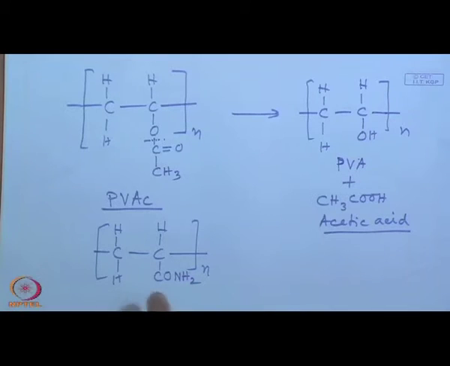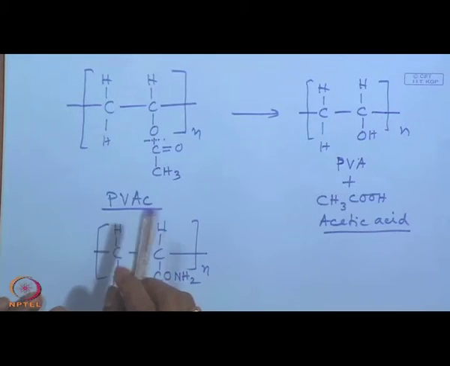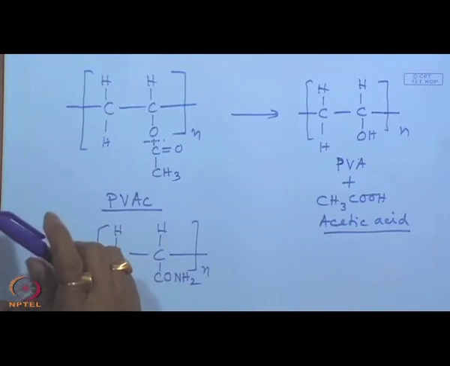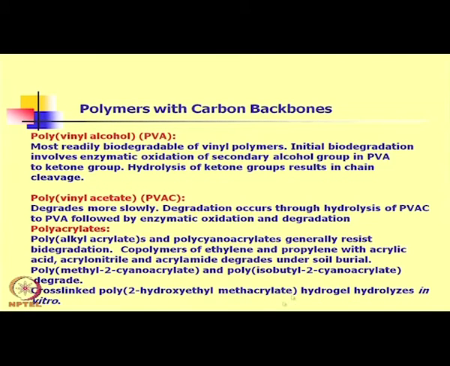This acrylamide monomer, this portion, can be copolymerized with ethylene or other vinyl monomers, or we can have polyalkyl cyanoacrylates, say polyisobutyl cyanoacrylate, polymethyl cyanoacrylate.